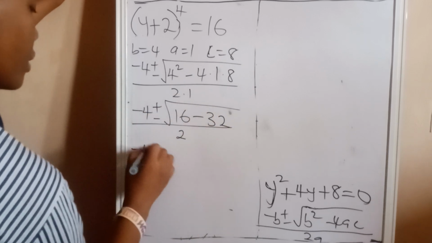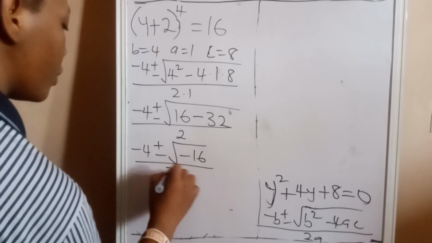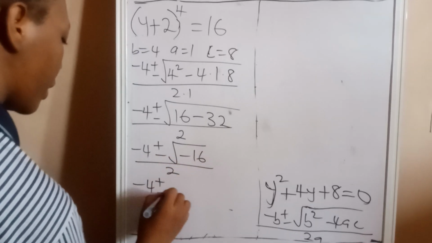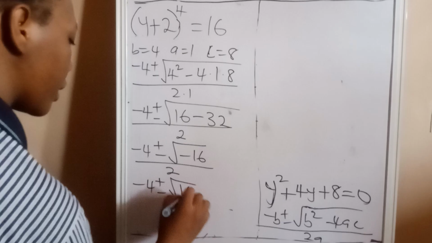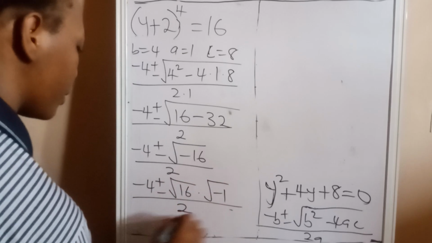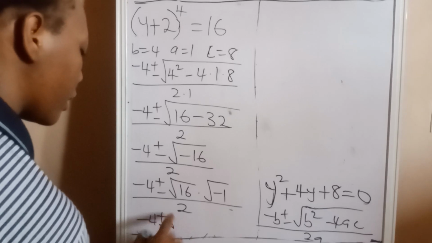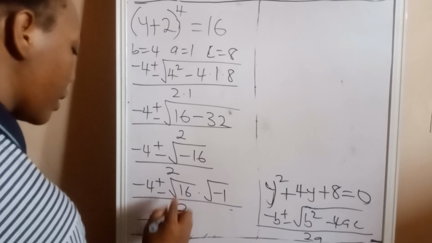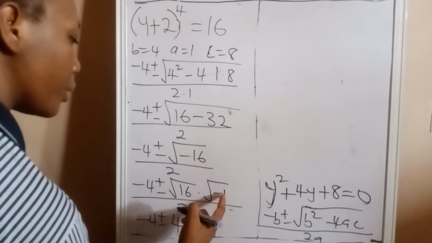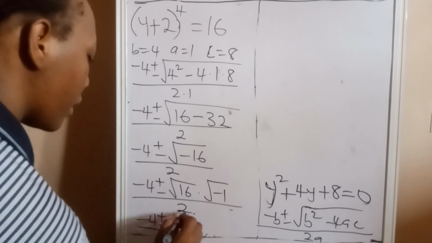We have minus 4 plus or minus the square root of minus 16, all over 2, which is minus 4 plus or minus square root of 16 times square root of minus 1, all over 2. So this gives us minus 4 plus or minus square root of 16 is 4, root minus 1 is an imaginary number i, all over 2.